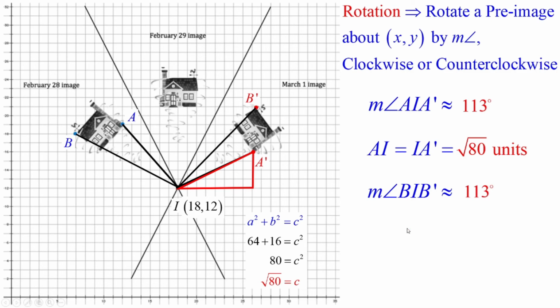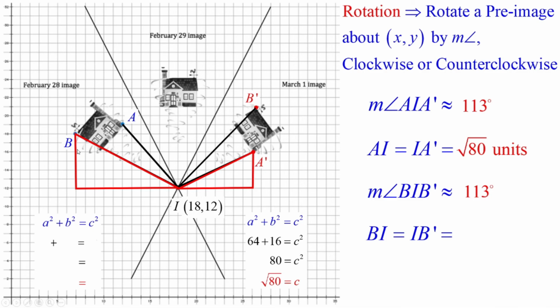Then a little Pythagorean theorem again to find one of these, and I use this triangle right here. I don't know which one I called A or B, but let's see. 1, 2, 3, 4, 5, 6. 6 squared would be 36.